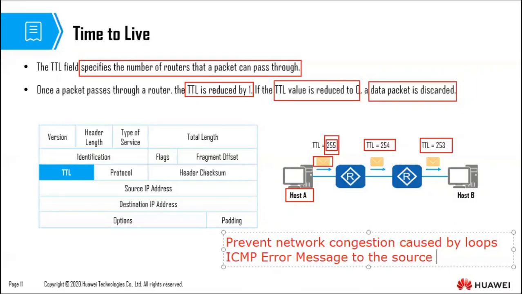Number 1, it's going to read the source address and send back an ICMP error message to the source. That error message can be host unreachable or network unreachable and others that we're going to see in a while. After sending that ICMP error message, it's going to discard the packet. So don't forget that.